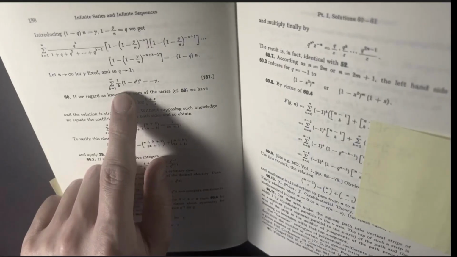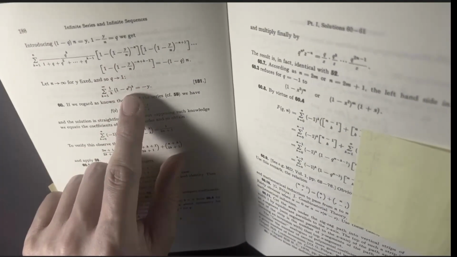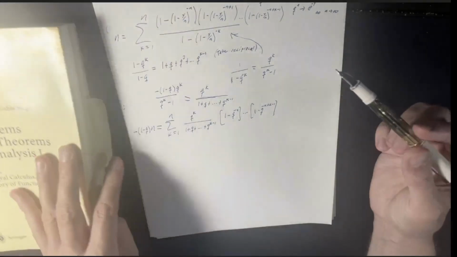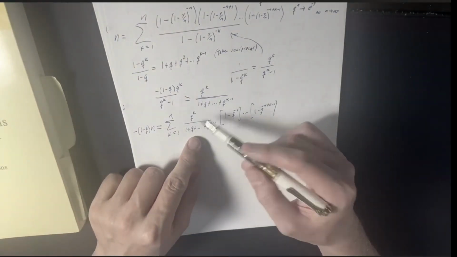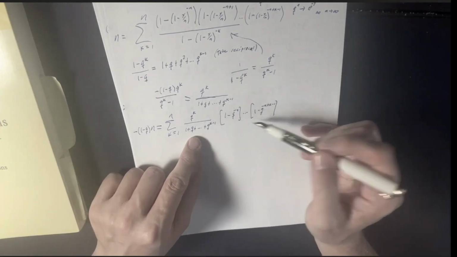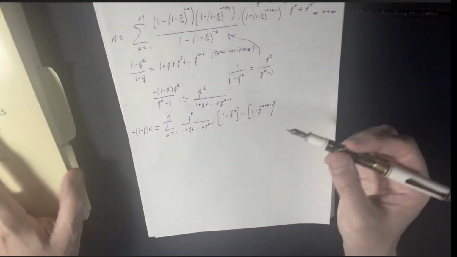But what happens to all these guys? Do each of those become, well, here. So what he's saying is you're getting this sum.